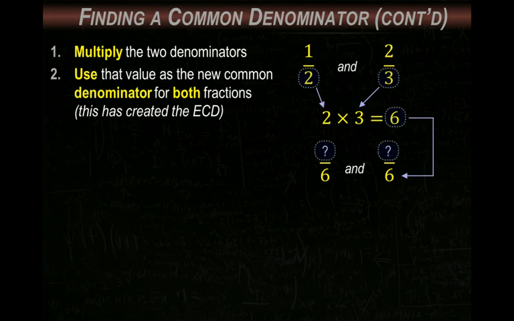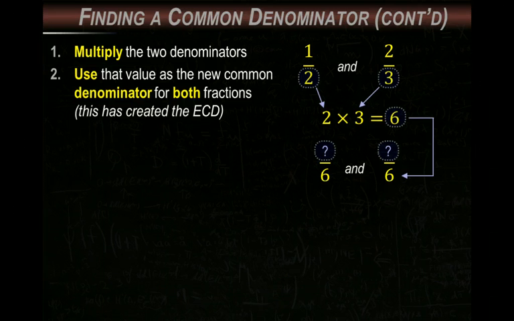So we know in both fractions, 1/2 and 2/3, they're both going to change to have a 6 at the bottom. We use 6 because it's the easiest one we can get by just multiplying those 2 numbers together. Now we need a new top number. We can't just put a 1 again because we changed it.